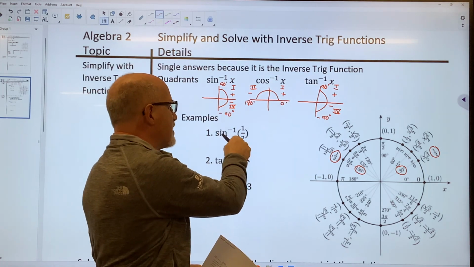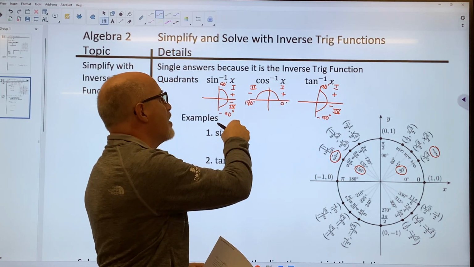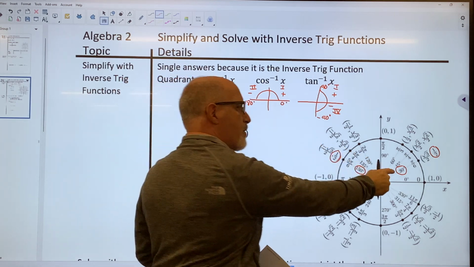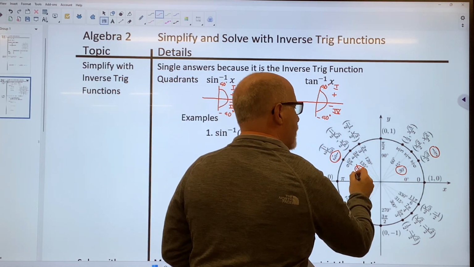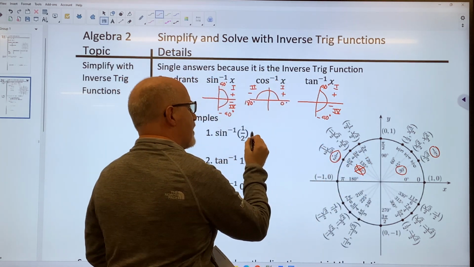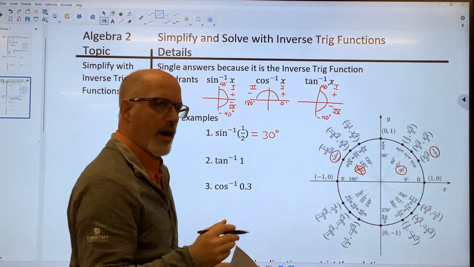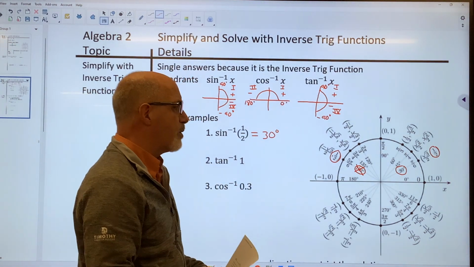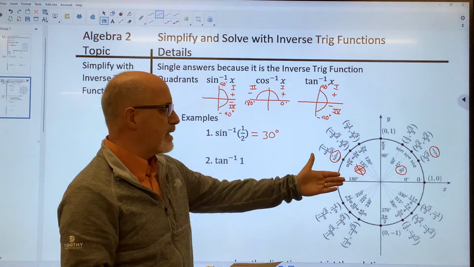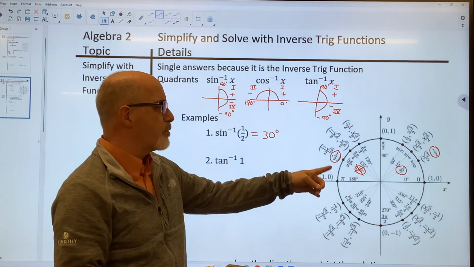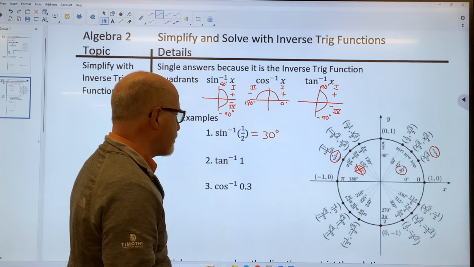If we've got a positive value that we're working with, we're going to use the first quadrant value. We're not going to worry about the 180. We're going to get 30 degrees. So the calculator will automatically give you that value, but using these quadrants, we can do it off the unit circle as well.